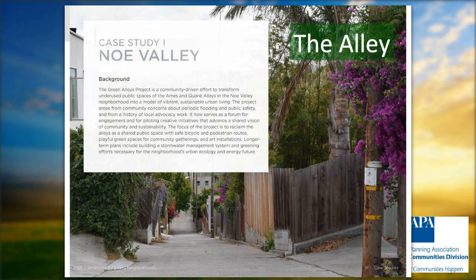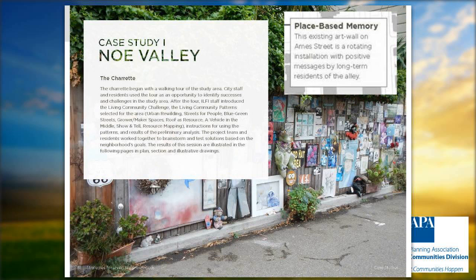Basically, we came down and met with an existing community group, a neighborhood group that had been interested in doing something with the alleys for a while now, along with other projects that they're pursuing. We met with them, did a walking tour, and you can see this one part of the alley here that triggered this idea of place-based memory, with a lot of rotating additions to this wall as it goes along.